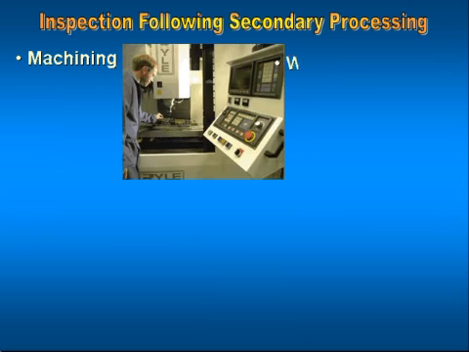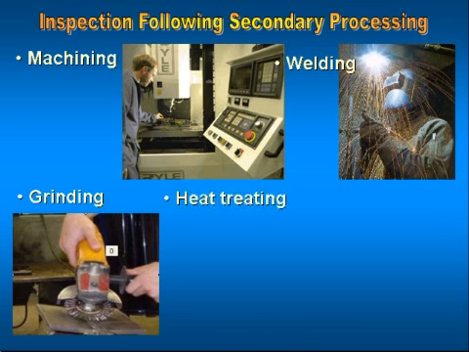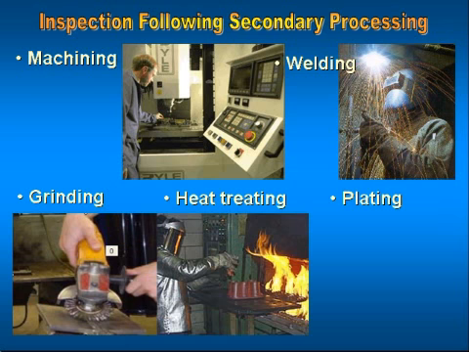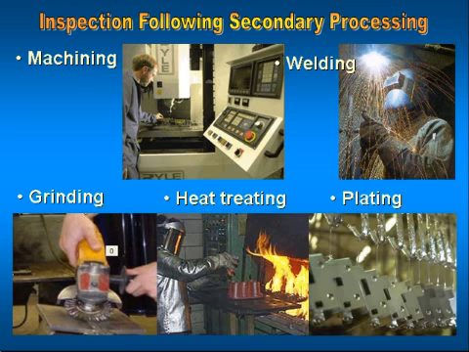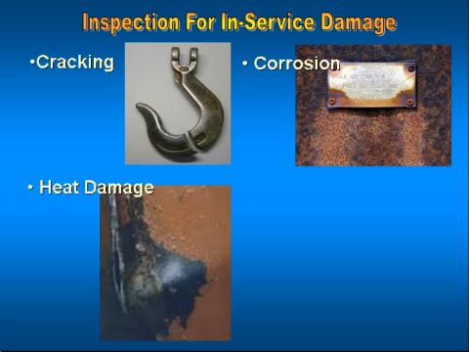These secondary processes include machining, welding, grinding, heat treating, plating, and so on. Inspection for in-service damage. Examples of in-service damage are cracking, corrosion, erosion or wear, and heat damage.